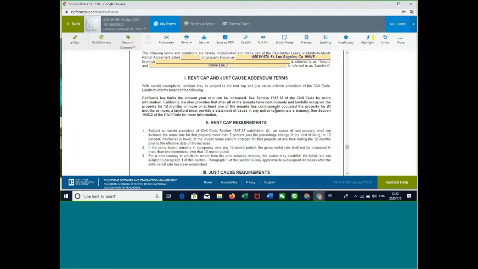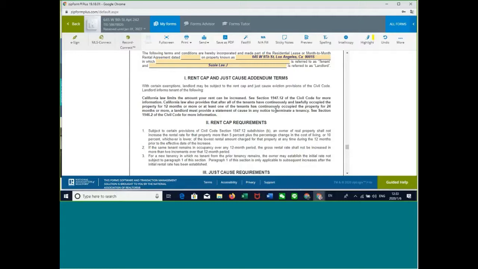If a landlord simply downloads forms from the internet, you know, sometimes landlords, they don't have membership. They cannot have access to the CAR forms. They simply download forms from the internet. They don't have the right addendum. They're making a big mistake. What happens when they make a big mistake?